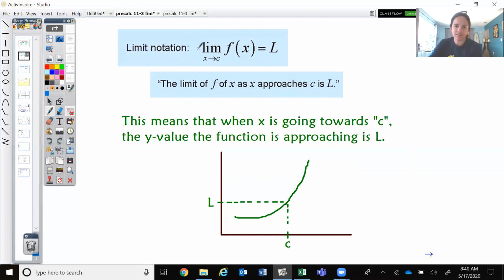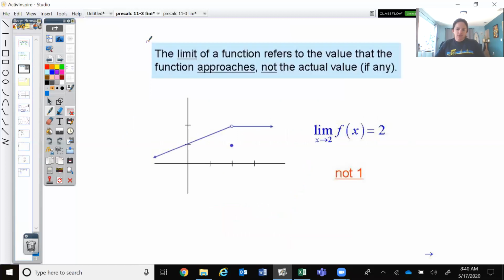Limit notation says the limit of f of x as x approaches c is L. You can also switch those two phrases and read that the limit as x approaches c of f of x is L. And this just means that as x horizontally, if you're looking as x is headed towards c, the y value that the function approaches would be the y value of L. The limit of a function refers to the value that it approaches, but not the actual value of a function.